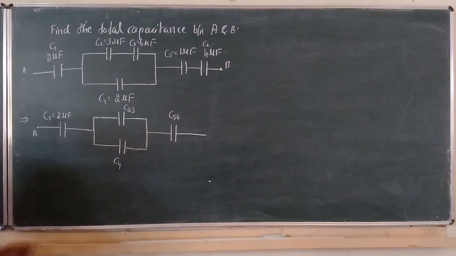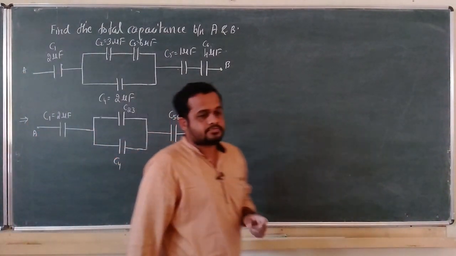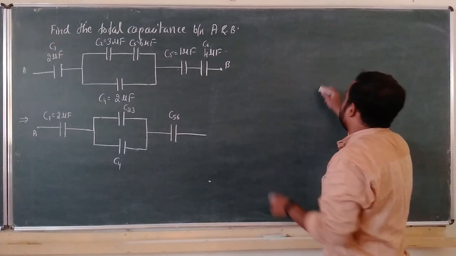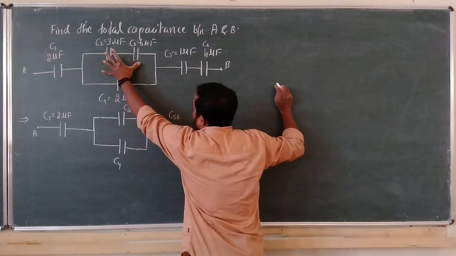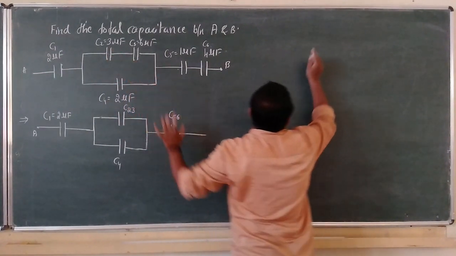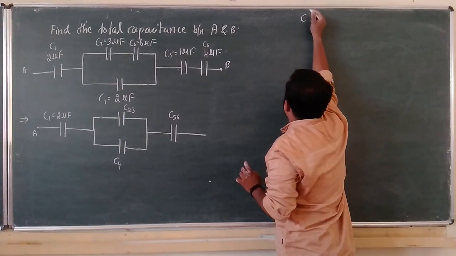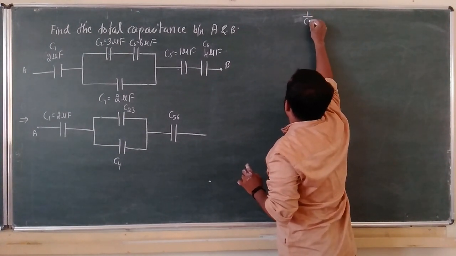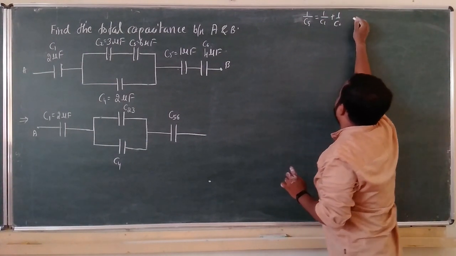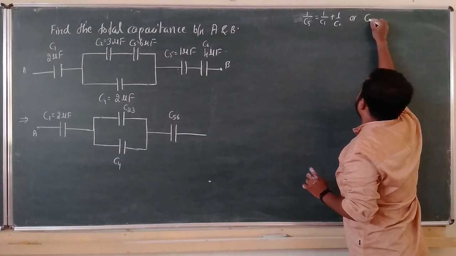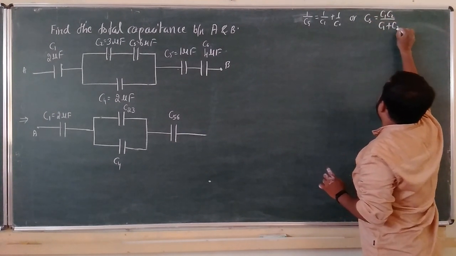In the next step, first of all, let us find the values. Now, what is C23? C23 is the effective capacitance of the series combination of these two. In case of series combination of two capacitors, either we can use 1 by Cs is equal to 1 by C1 plus 1 by C2, or we can use Cs is equal to C1 C2 divided by C1 plus C2.